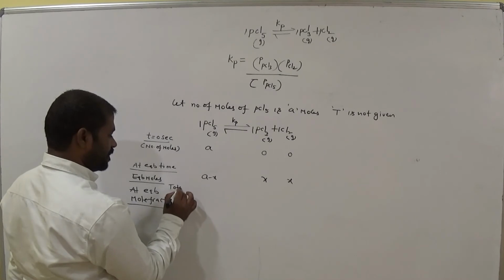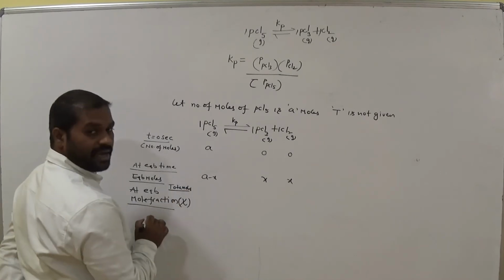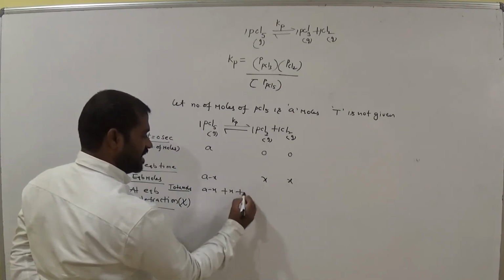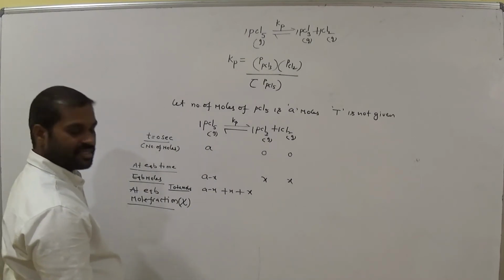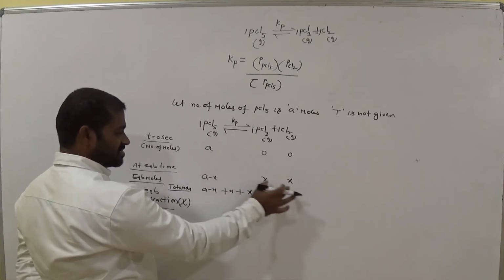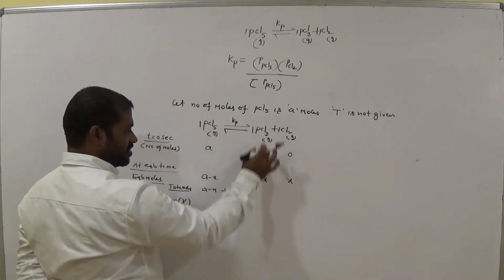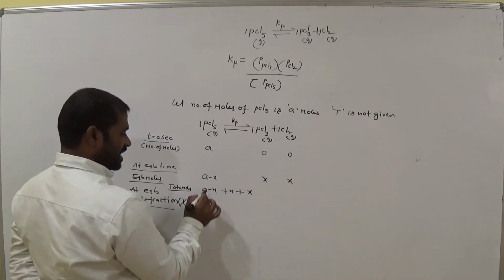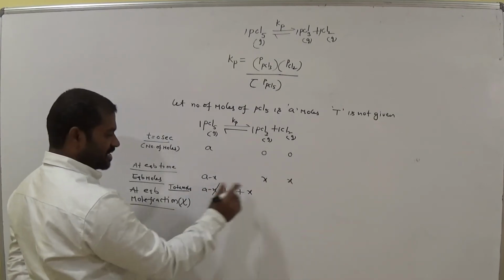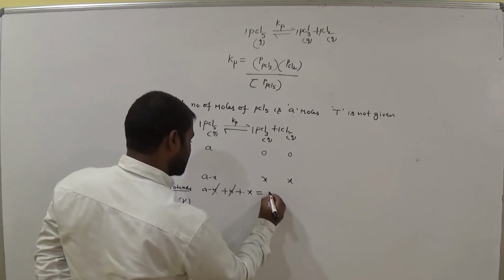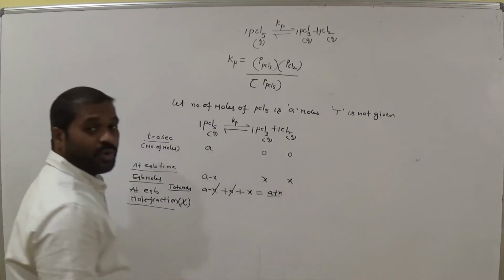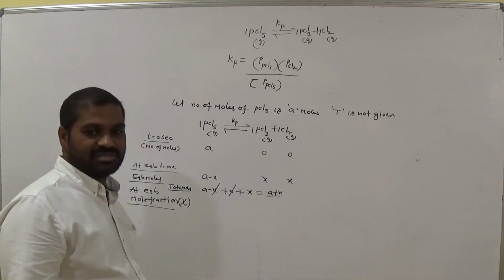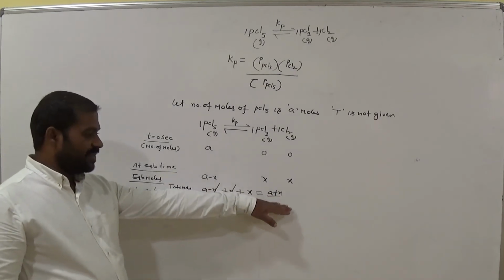Total moles at equilibrium: A minus x plus x and x, am I right? Total moles means the sum of all these moles at equilibrium, moles of this one, moles of this one, moles of this one at equilibrium only. Now total means sum all these, so the remaining is A plus x. Now total moles at equilibrium is A plus x moles.